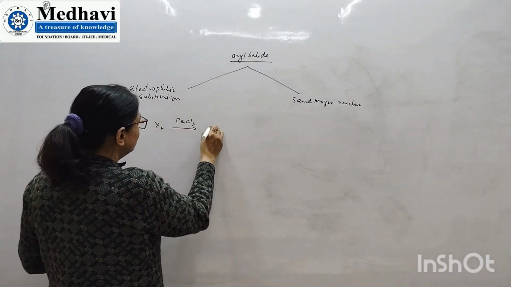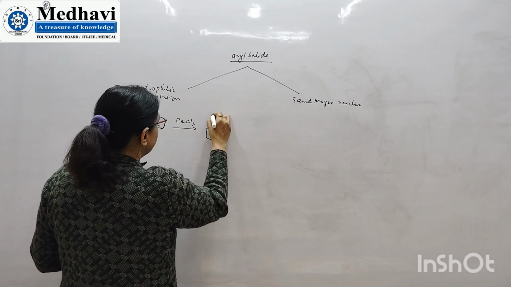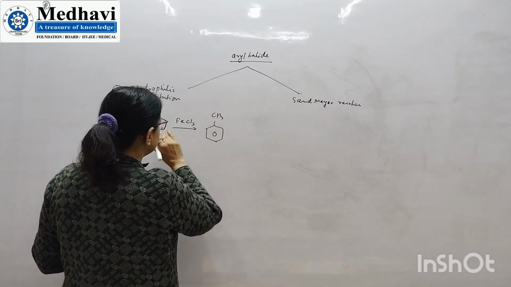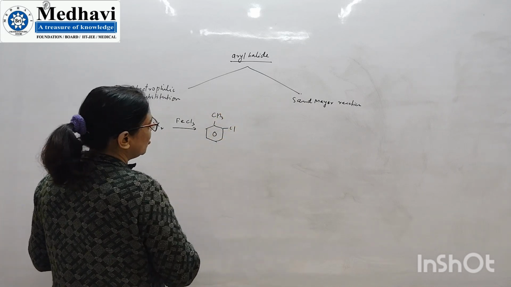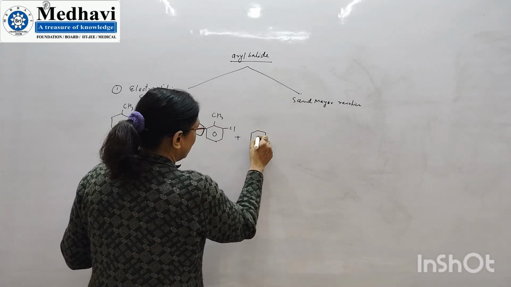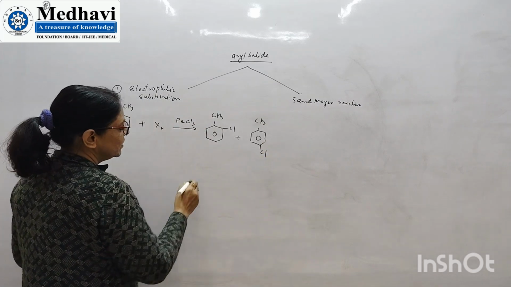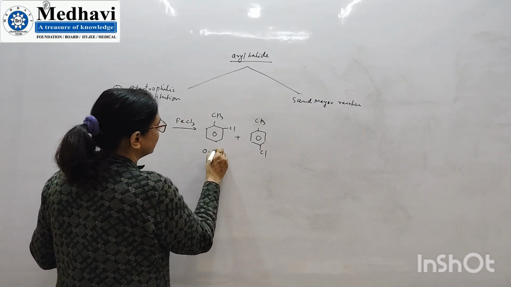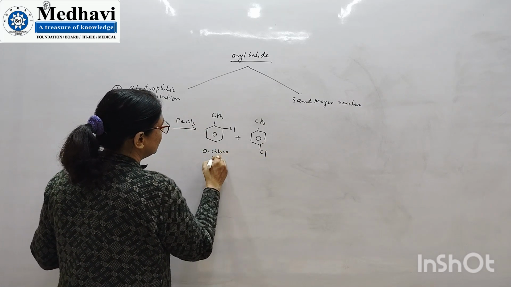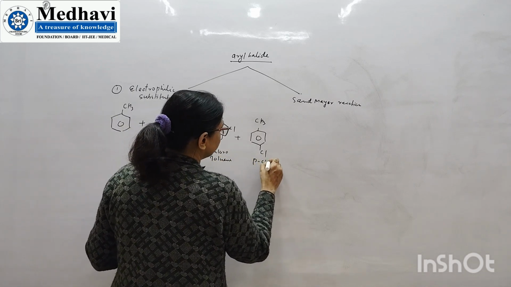So here two products are produced. Very, very important reaction. Here the incoming reagent, that is the halogen group, either goes on the ortho position or it will come on its para position. This is orthochlorotoluene. This is parachlorotoluene.